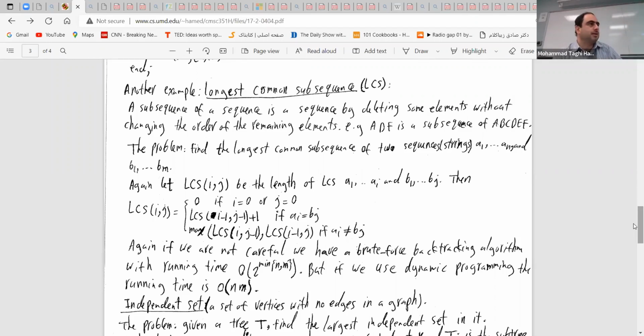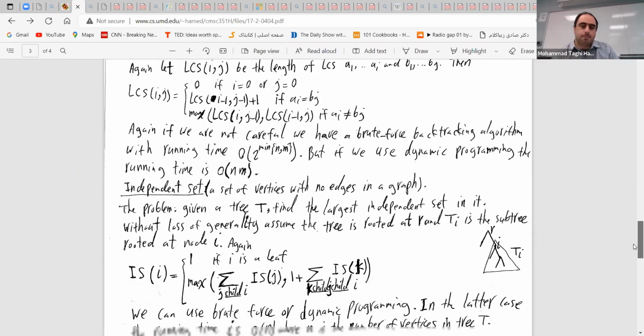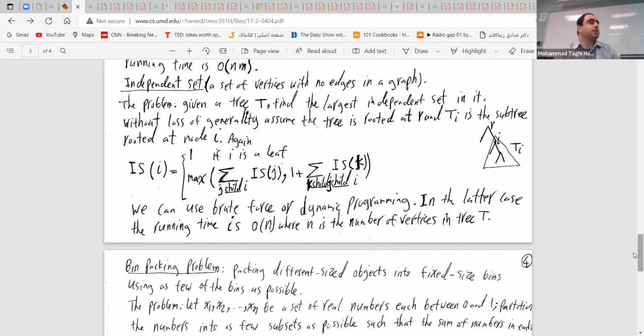This is a very fundamental problem for them. The other one, independent set, is also an important problem, but more importantly on trees. That gives you an idea how you can solve problems on trees: you solve bottom up, you write the recursive algorithm, then you make it memoized, and you have a very good algorithm.